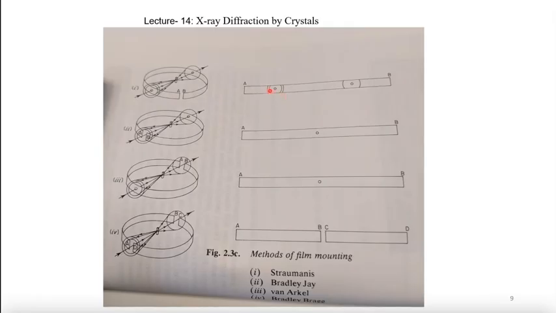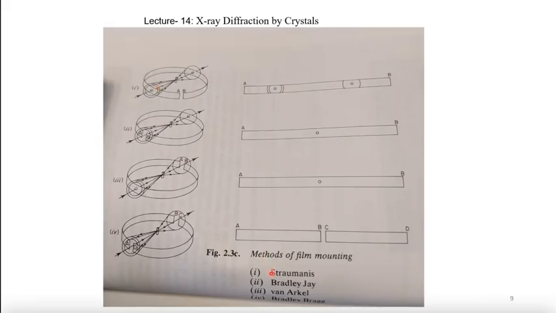So we get two holes for the beam stop and incident beam, and then if we flatten the film, we get pairs of cones like this, and this method is called Straumann's method. We always use Straumann's method. I would say most people are using this film technique, Straumann's technique, to mount the film.